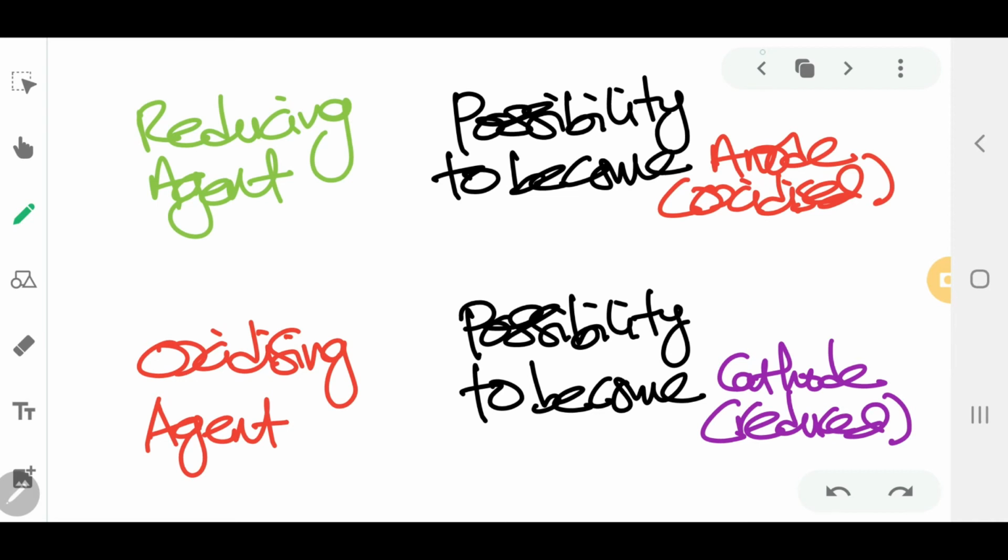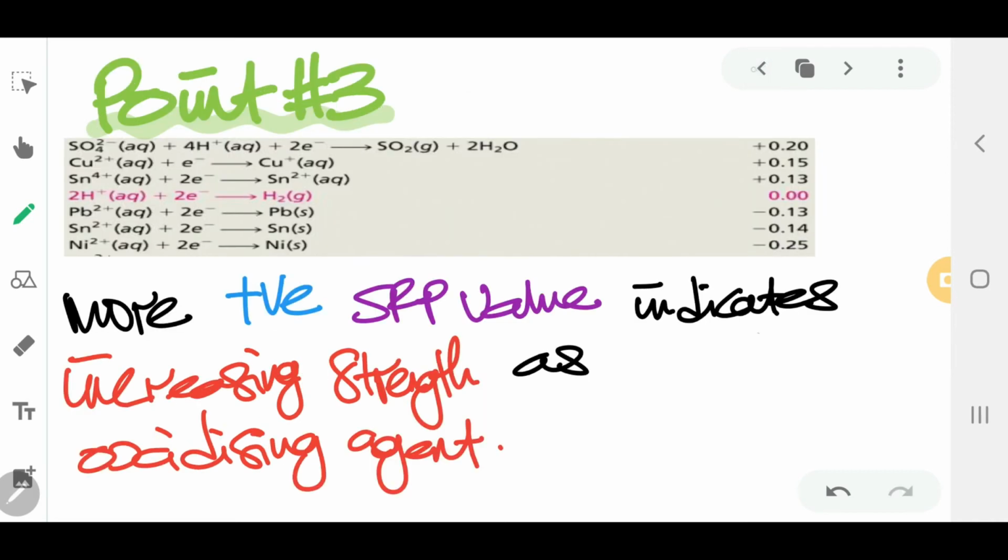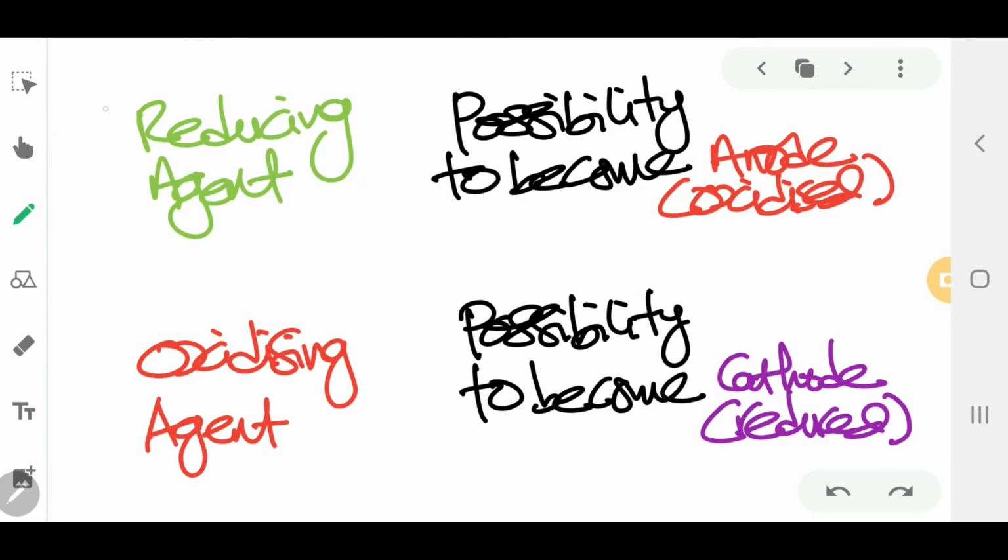So if I want to summarize what we have done in here and in there in a single slide, we can say that when the reducing agent strength is greater, the possibility to become the anode, or to be oxidized, will be greater.